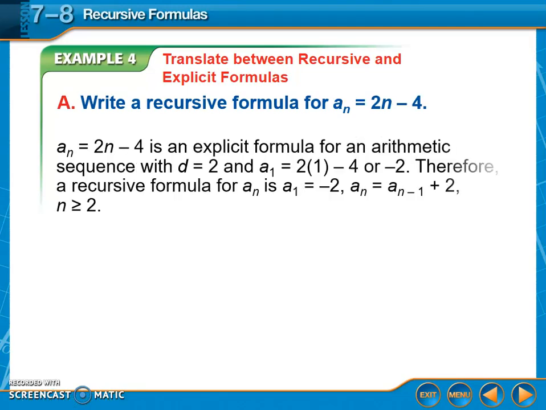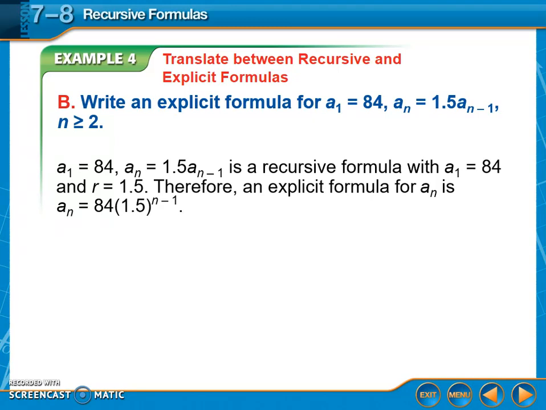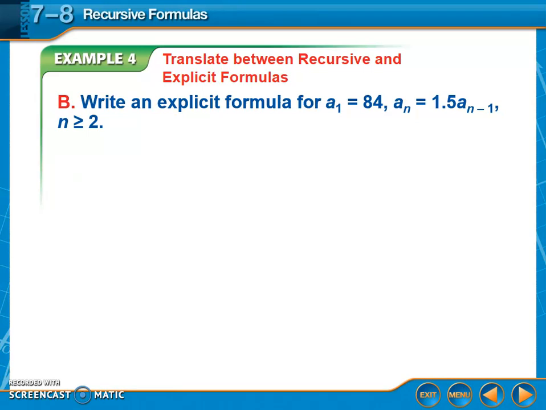Okay, if I want to write an explicit formula for a of 1 equals 84 and a of n equals 1.5 times a of n minus 1. You may remember from a previous section that we use a of 1, and then the rate to the power of n minus 1.